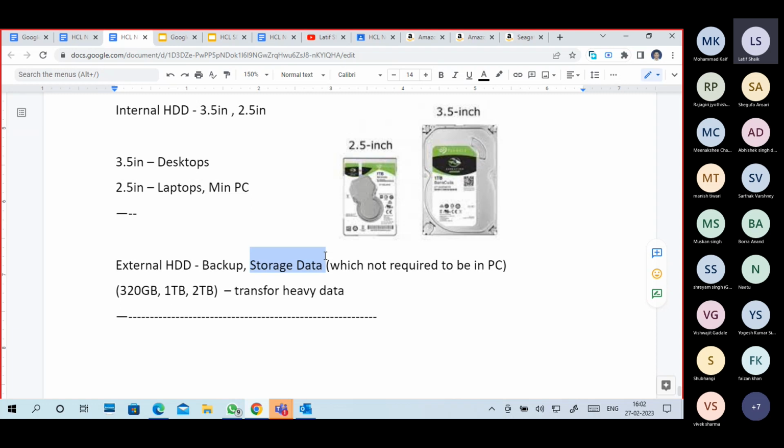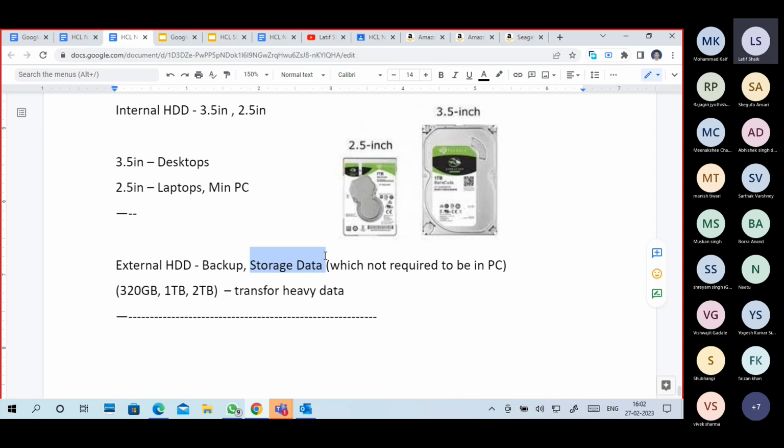For heavy data transmission, I recently transferred around 50-60 GB of data. Last time I downloaded VMware products, around 98 GB, think of it as 100 GB of data. I downloaded it into one laptop, so I have to copy it into another one.